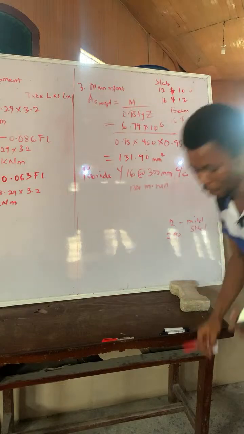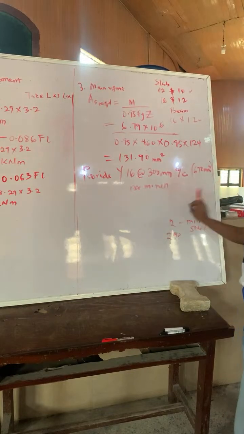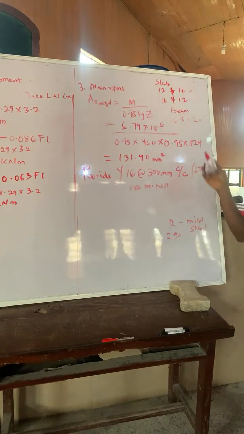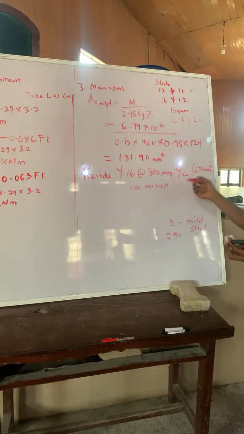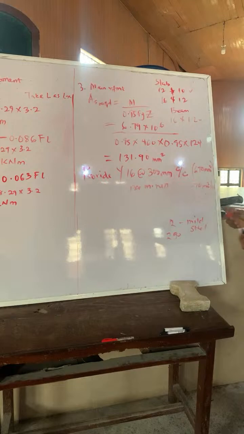Please always add your per meter run, or you write it as 670 mm² per meter.